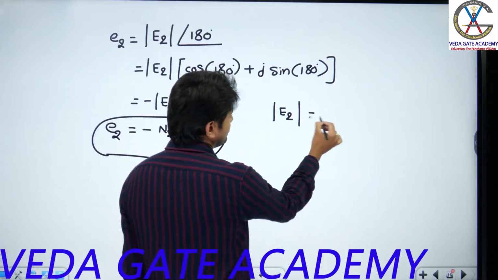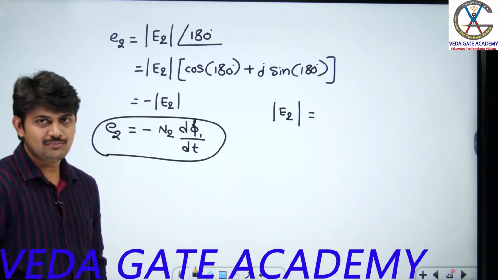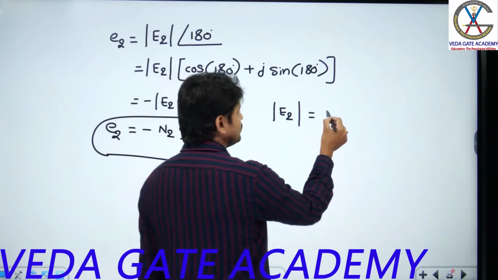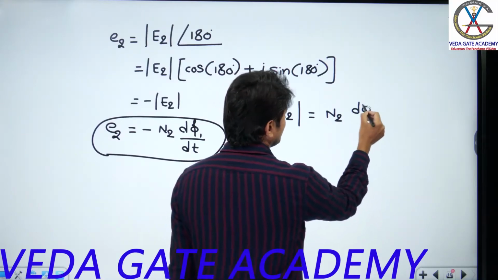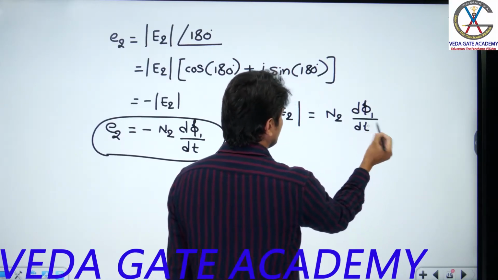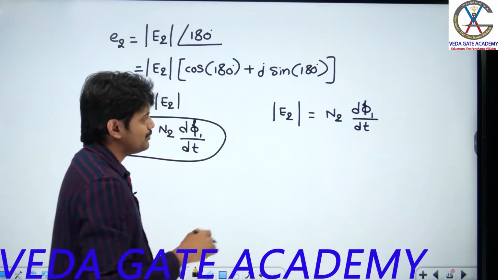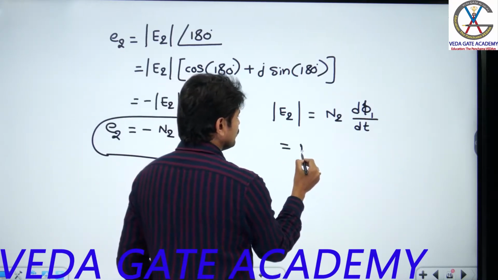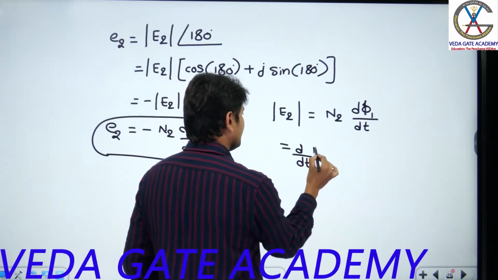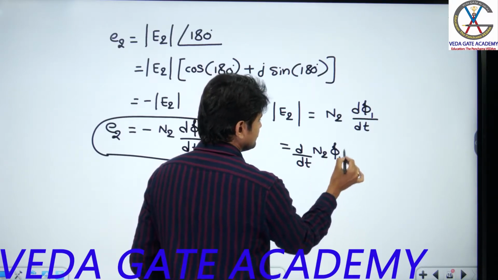Now further we will see more about the magnitude of this mutual induced EMF. Just now we have written the magnitude of this mutual induced EMF as N2 into d phi 1 by dt. This is one formula. Now what I will do is take N2 inside. So we get d by dt of N2 into phi 1.